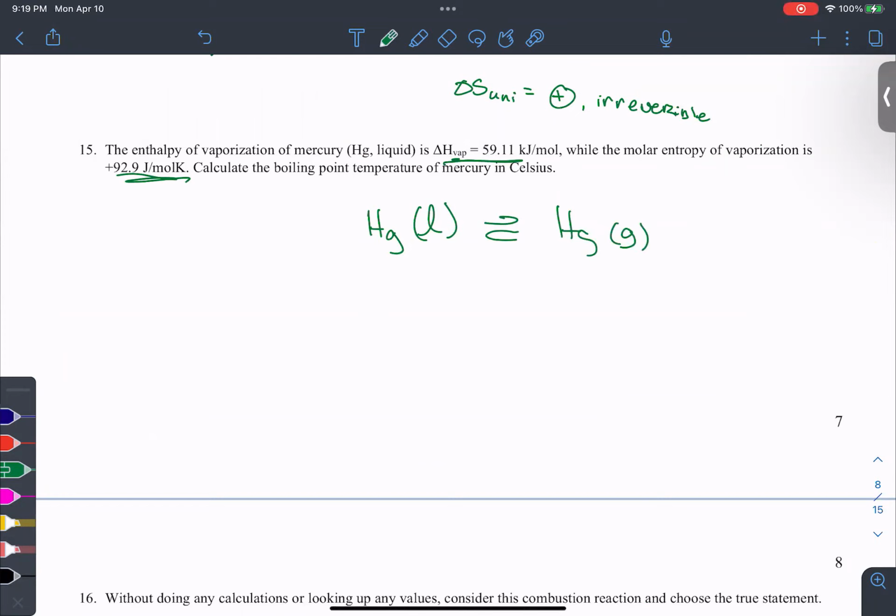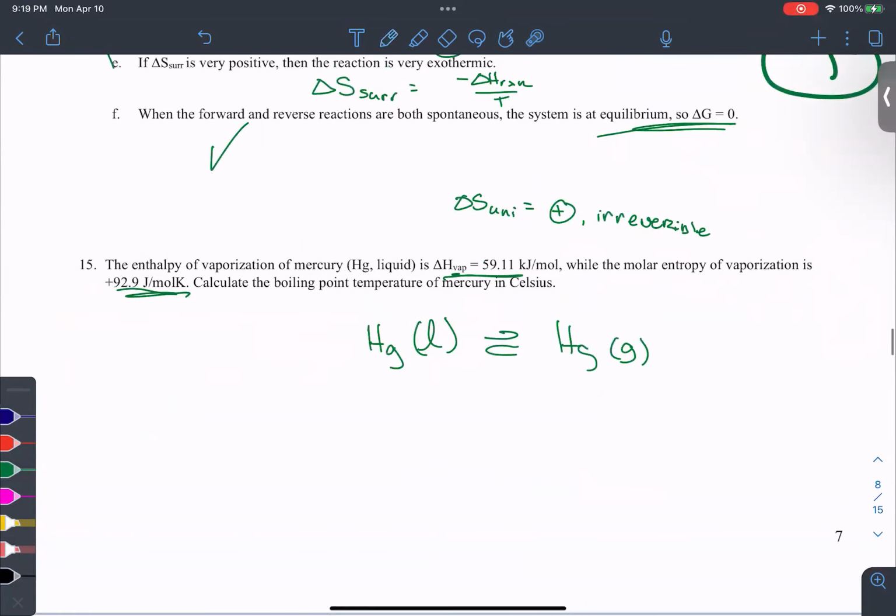We just said when both the forward and reverse reactions are spontaneous, delta G equals 0. So when mercury boils, both the liquid and gas are present at the same time. We have chemical equilibrium. So if we want to figure out what temperature this happens, we just have to set delta G equal to 0.